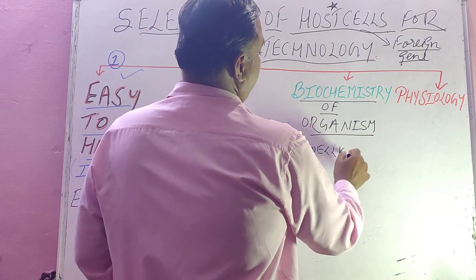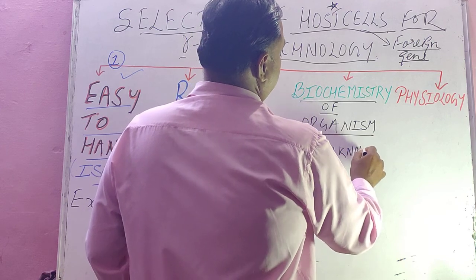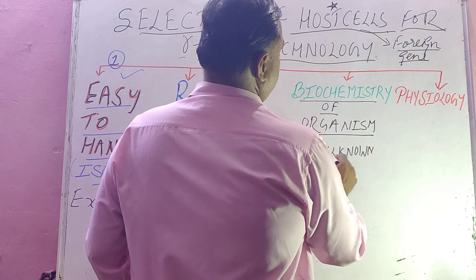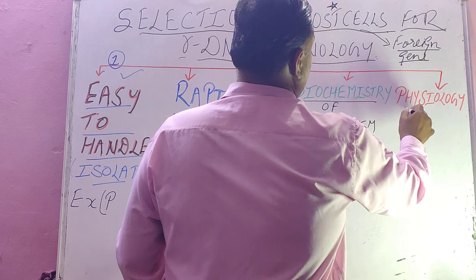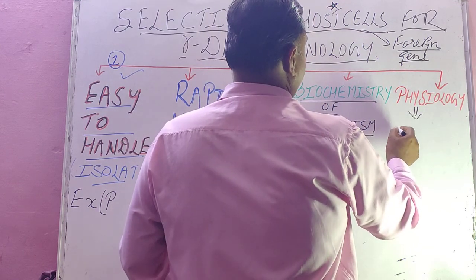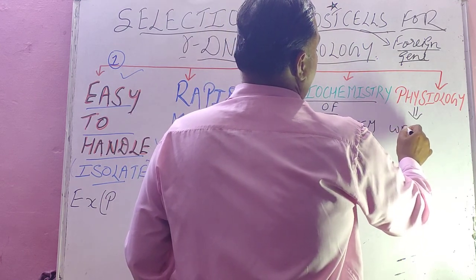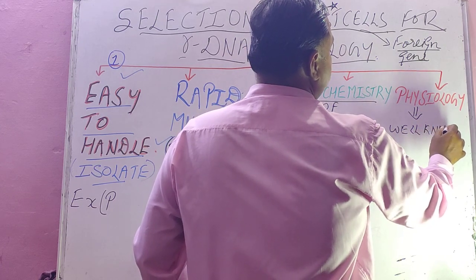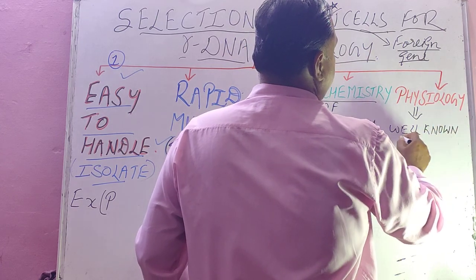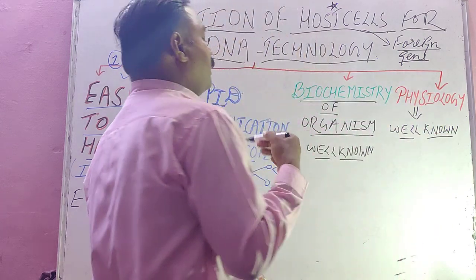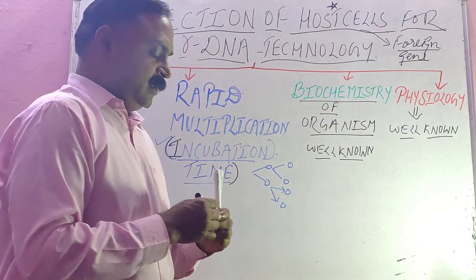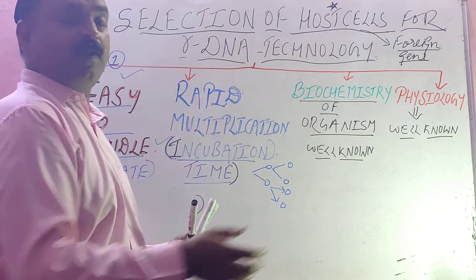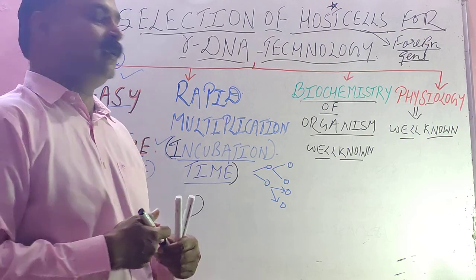Well known, as well as its physiology should be well known. Physiology should be well known, because if we don't know about the biochemistry and physiology of the organism, it may create problem in the production of the biotechnological product.